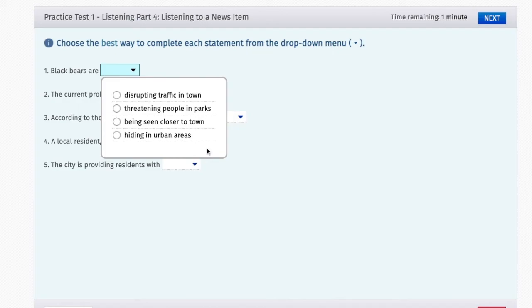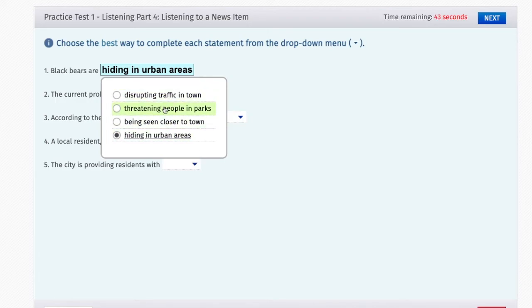Many lower level students will choose this answer just because they heard the word urban. That's why it's so important to try to associate vocabulary while we listen. So we should try to hear more than just urban, so when we choose the answers, we can avoid that.